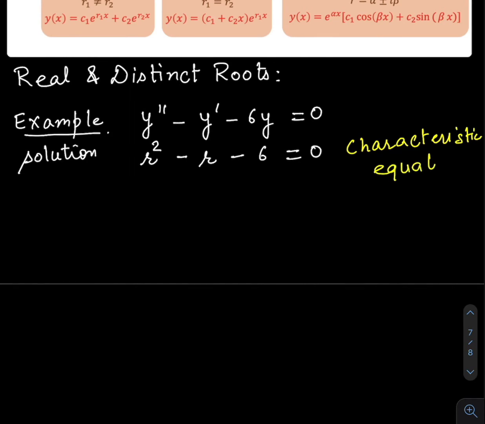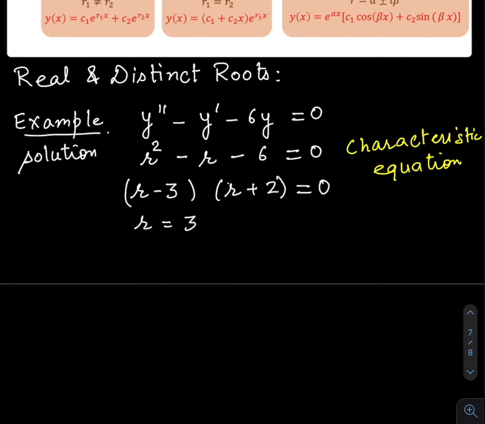Now we will find the roots of this equation. We can use either the quadratic formula or we can factorize it. This equation looks simple, so I'm going to factorize it, and we can factor it as r minus 3 times r plus 2 equal to 0.